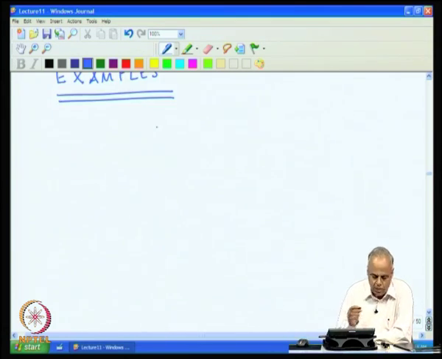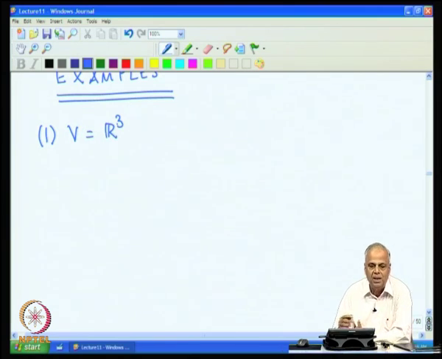We will start with some simple examples and move on to some very important subspaces that would be needed in our analysis. The first example we take is always in R3, the world in which we live, the 3-dimensional world.